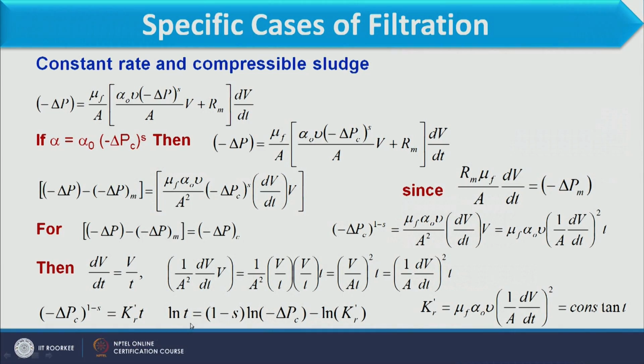In that way we can calculate the pressure drop across the media, and when we deduct this from the total pressure drop, we can calculate the pressure drop across the cake. Then delta Pc versus time we can plot, and we can calculate the value of S as well as Kr dash.